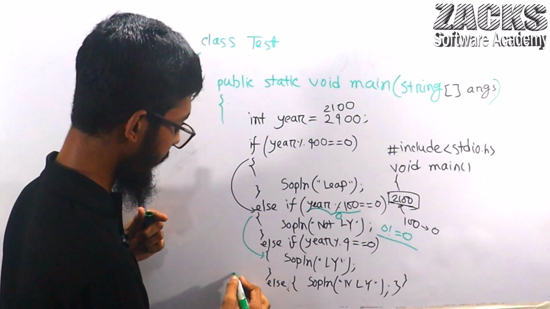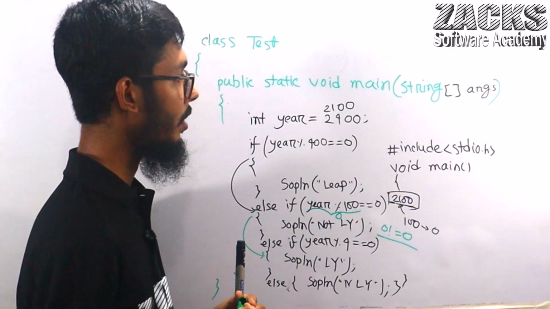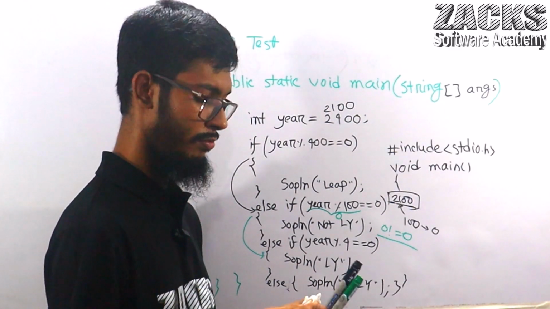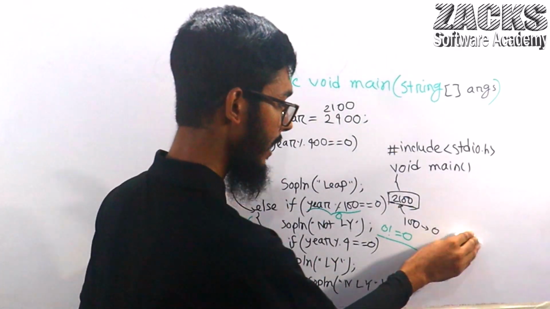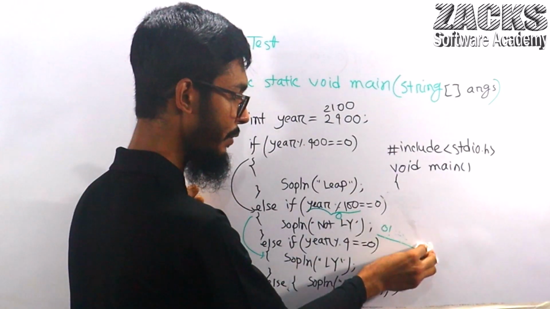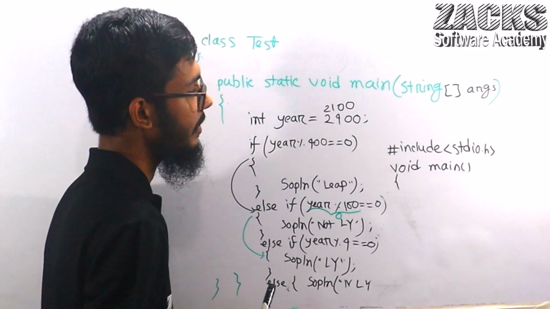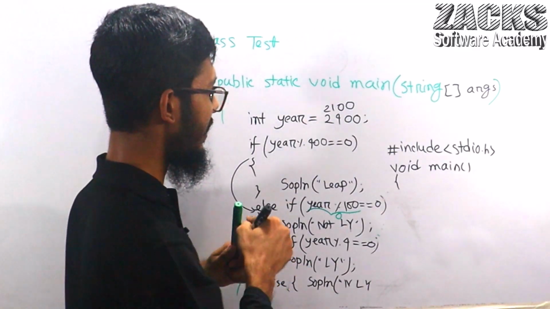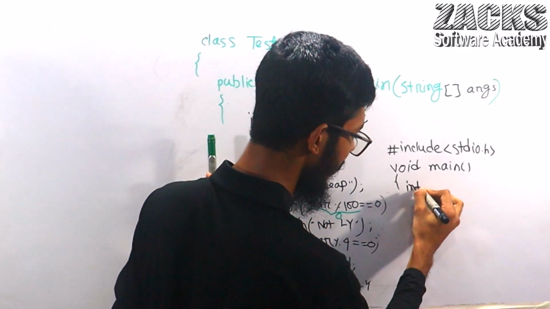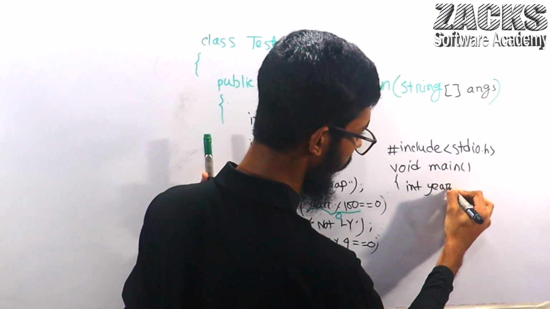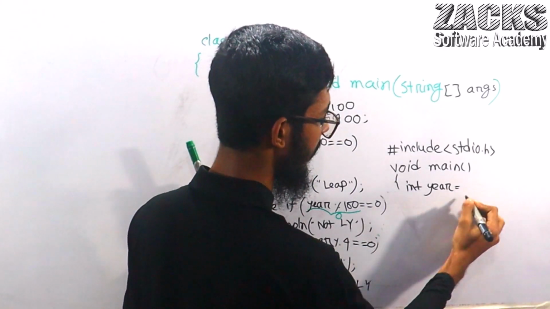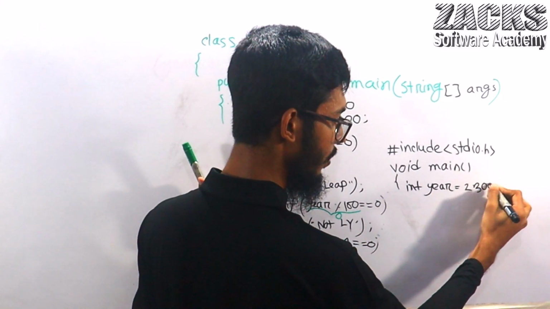So what will be your corresponding C code? I think no need to write it, but no problem. Those who are waiting for Python code, you can skip this minute. Simply, same thing: integer year, take any year, or you can take it from the user also.